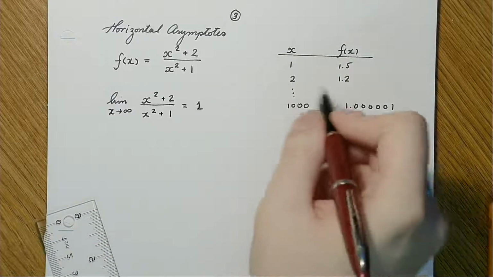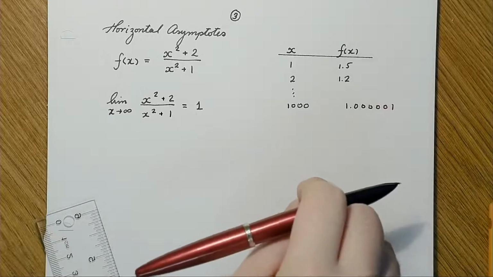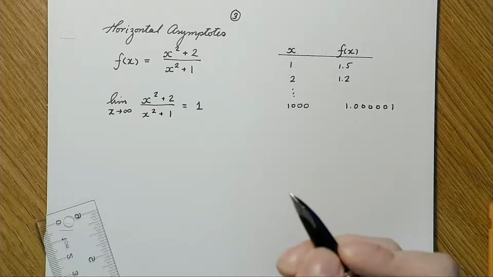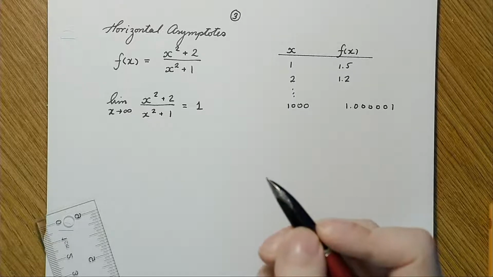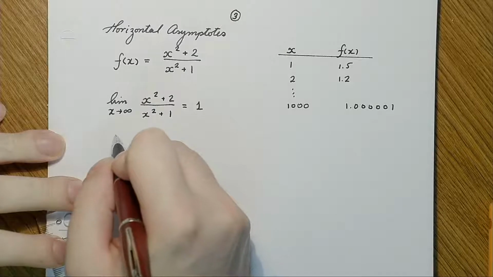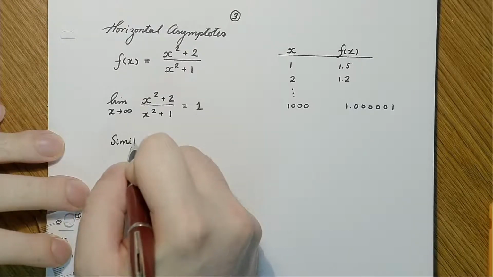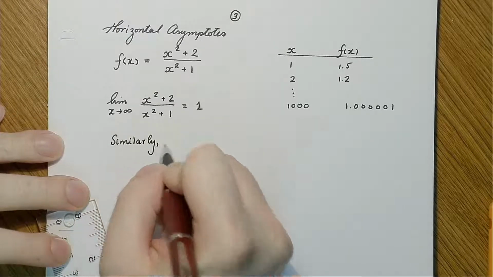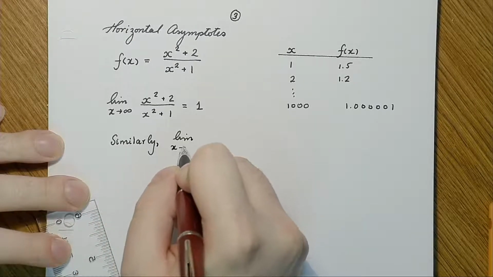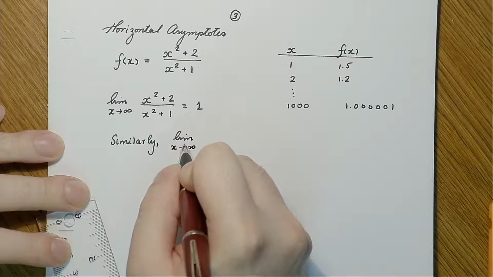Now we've done this with values, we've done it looking at the graph, but hang on, we will show you how to do this algebraically as well. So let's also look similarly. The limit as x goes to minus infinity.